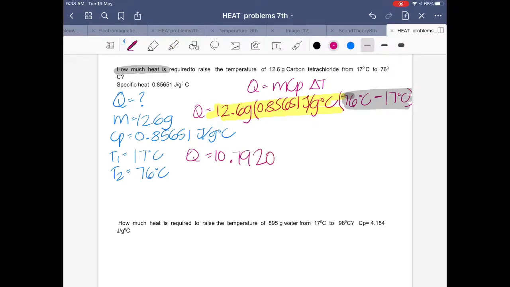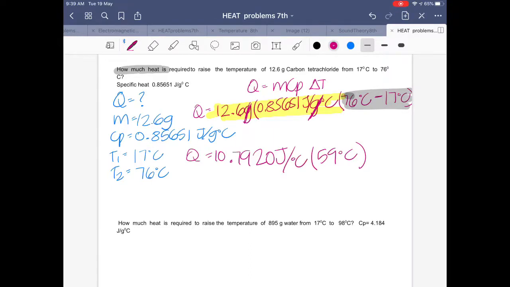You need at least 4 decimal points. Multiply it times 76 minus 17, 59 degrees Celsius. And here I forgot to put the unit. In this case, you cancel grams with grams, so you have joules over degrees Celsius.